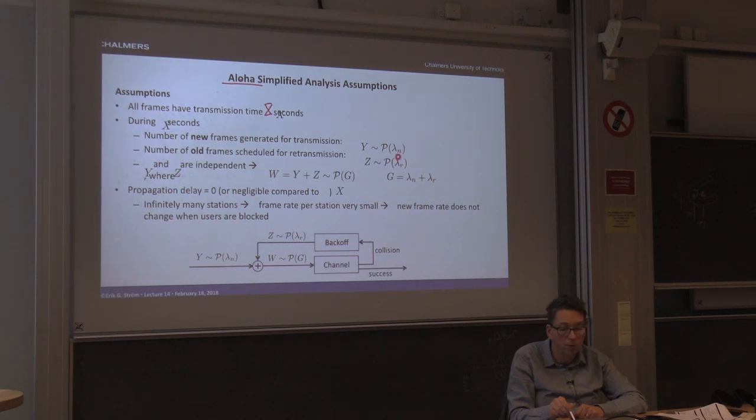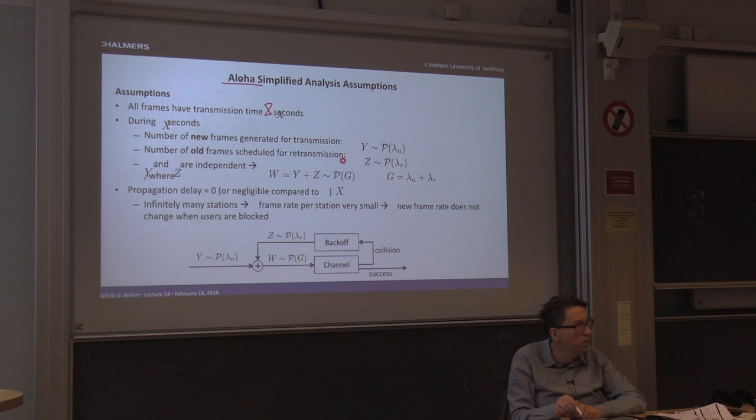Okay. So think of all the stations here. They have individual Poisson processes generating frames. And if we take the sum of all the frames generated in the network, that is a Poisson process with intensity lambda n for new frames. There is a bunch of old frames which are scheduled for transmission also.